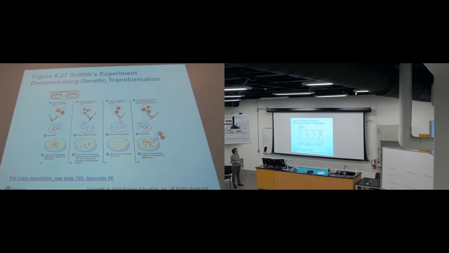So then what they also did is they heat killed this bacteria that had the capsule, and then they injected it into the mouse. And then the mouse remained healthy. And then no colonies were formed because they heat killed the bacteria.